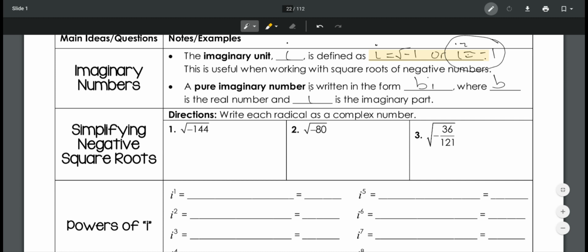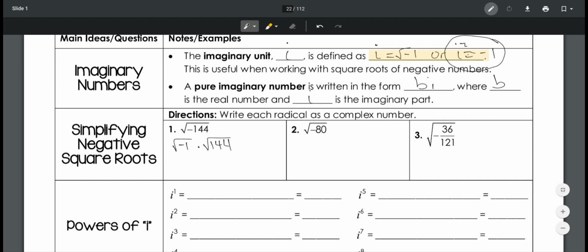All right. So the first example, number 1, says write each radical as a complex number. Well, you've been told for a long time you can't take the square root of a negative number. So what we're going to do is make this a positive radical by separating out the square root of -1 from the 144.